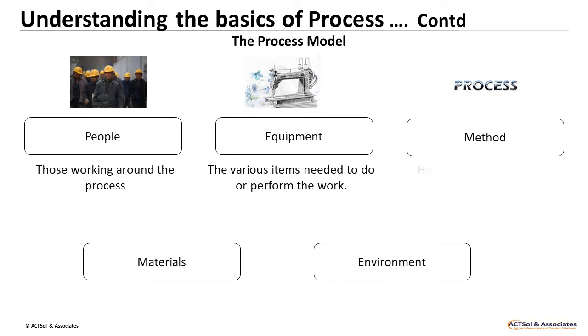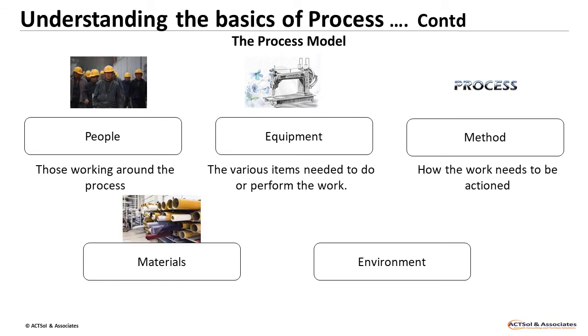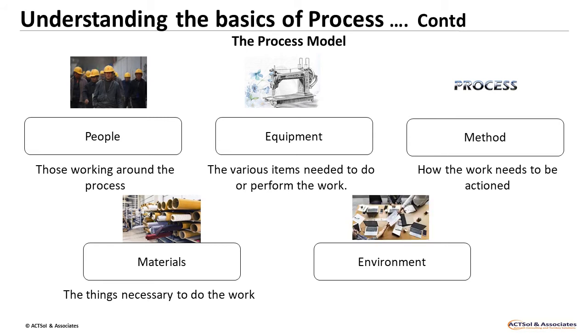Method, how the work needs to be actioned, that is, the process steps, the procedures, the tasks, and the activities involved. Materials, the things necessary to do the work, for example, the raw materials needed to make a product. Environment, the working area. Perhaps a room or surface needs to be dust-free, or where room temperature must be within defined parameters.